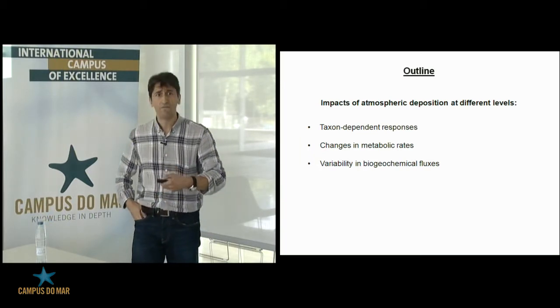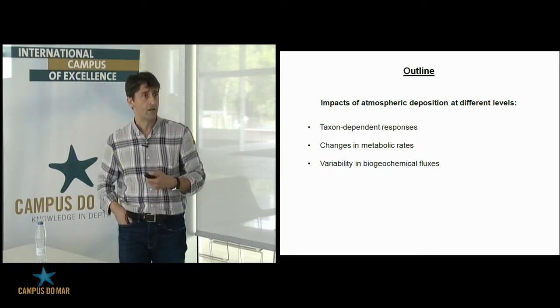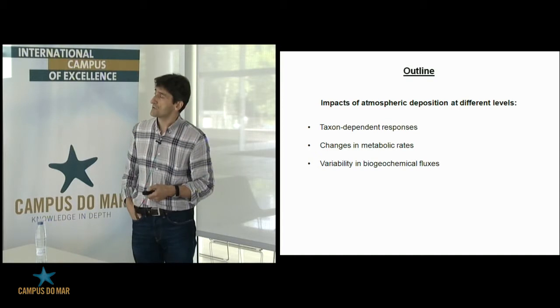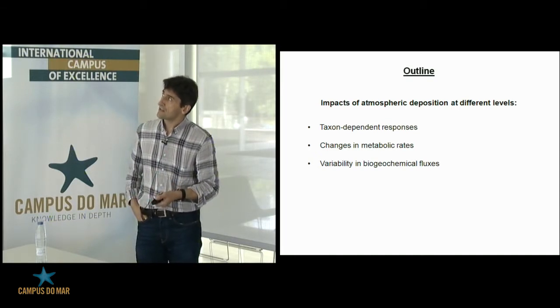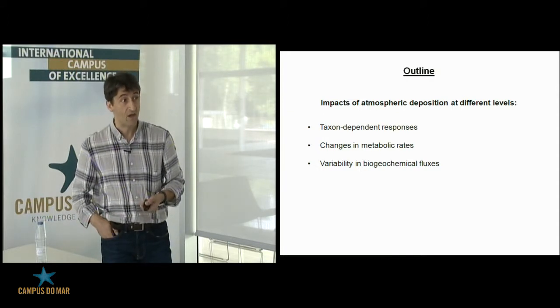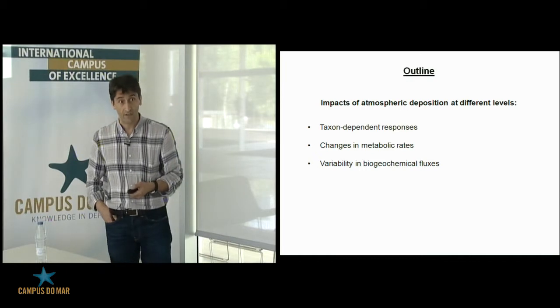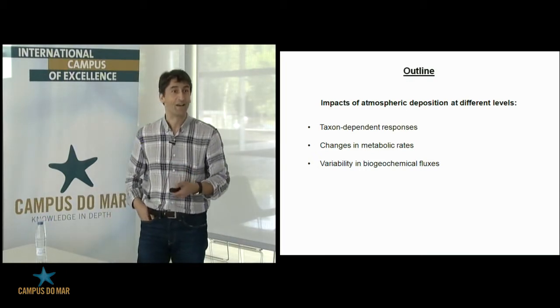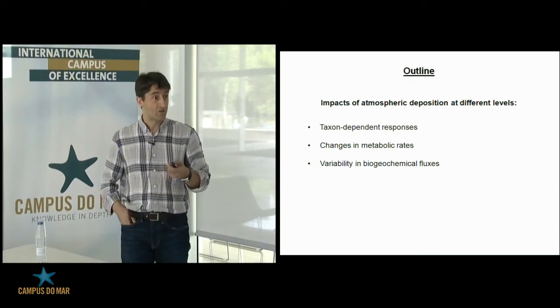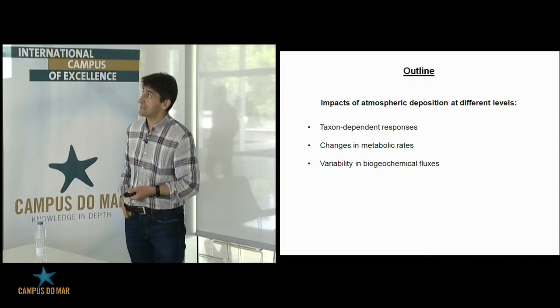I want to emphasize that different components of the community can easily show different responses. I will move on to discuss some changes in key metabolic rates such as photosynthesis, nitrogen fixation, but also heterotrophic processes such as respiration. And I will try to convince you that the balance between the responses of the photoautotrophs and the responses of the heterotrophs is key.